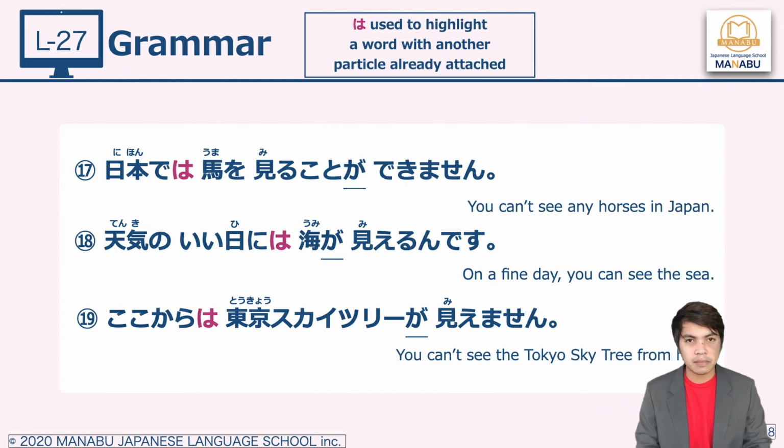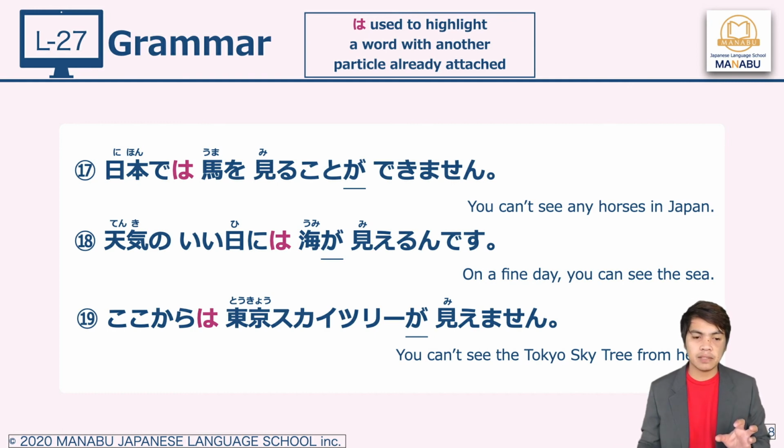Okay, so example number 18. Tenki no ii hi ni wa umi ga miirun desu. Okay, so tenki no ii hi. On a fine day. So it's a time. Tenki no ii hi. On a fine day.